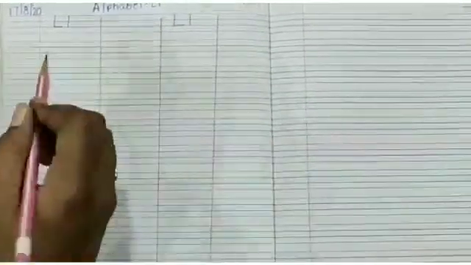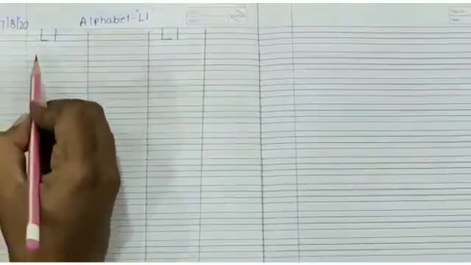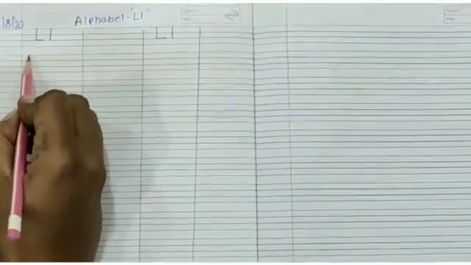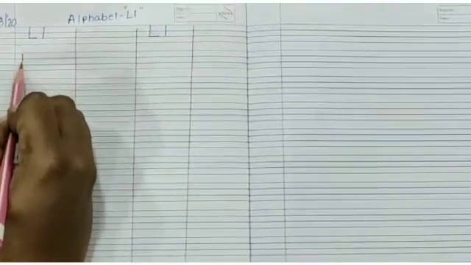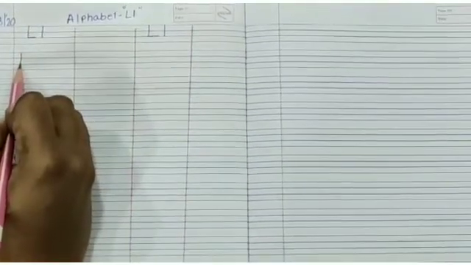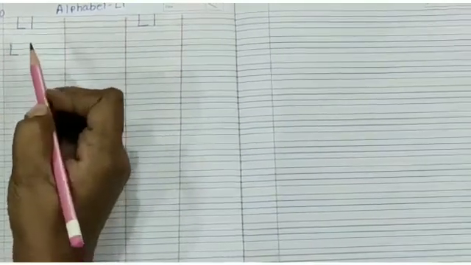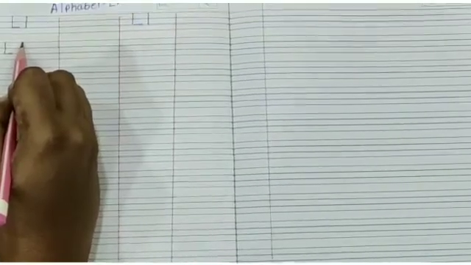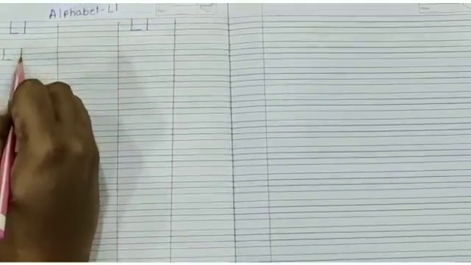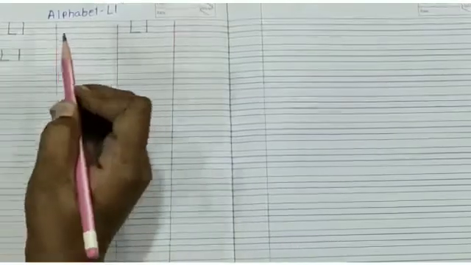Now let's start with capital L from first red line to second blue line, standing line, and small sleeping line on second blue line, and small l from red line to second blue line, standing line.